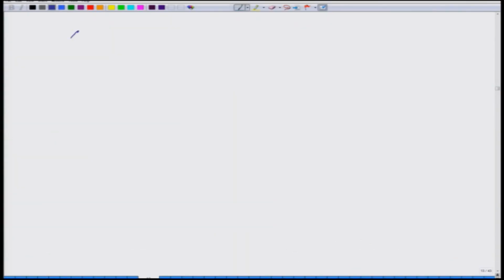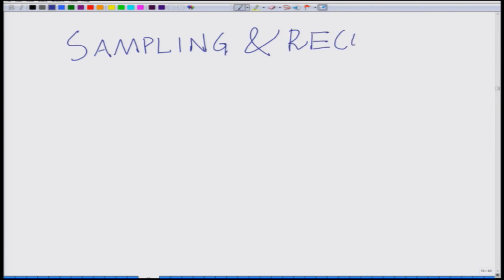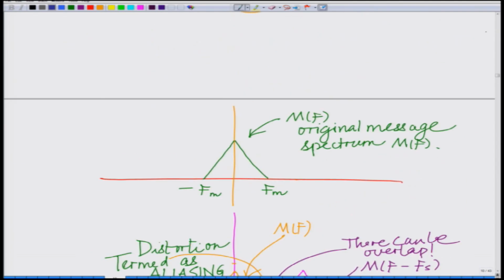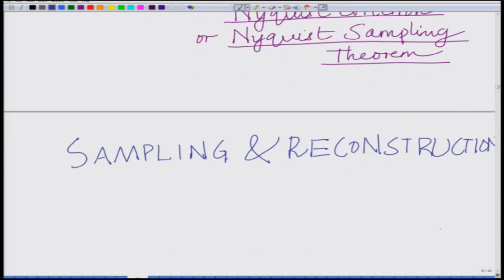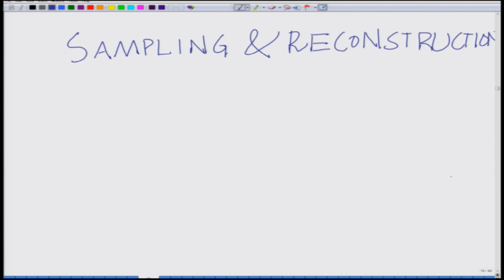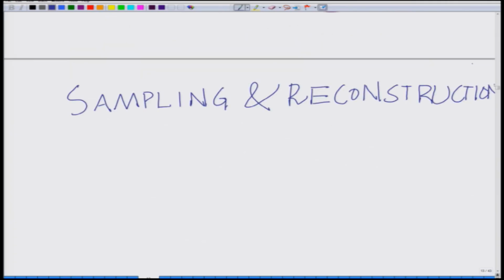So, we are looking at sampling. Let us also start looking at reconstruction, that is, if you want to reconstruct the original signal from the samples, how do you reconstruct it?